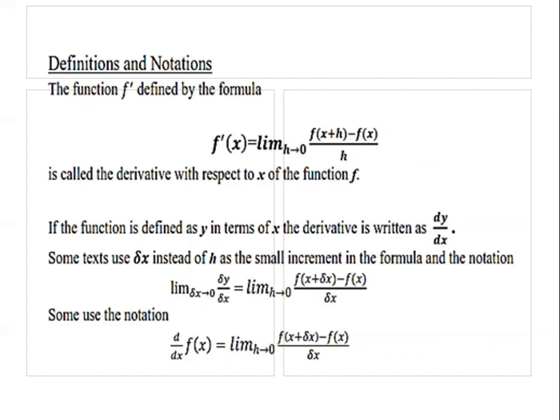In some textbooks, you will see a function written in terms of y, and instead of writing the derivative of f as f prime x, you can write it as dy/dx. In some older textbooks, you will see this notation, and I think this notation was borrowed from Leibniz.